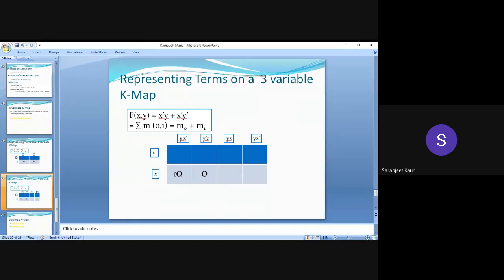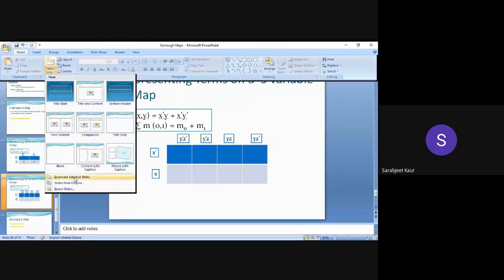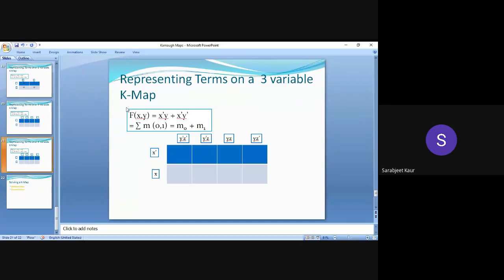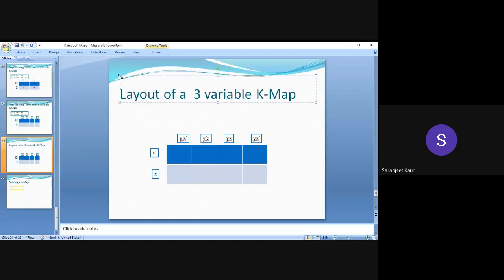So when I have a three variable Karnaugh map, this is how it generally looks. This is the general layout of a three variable Karnaugh map.